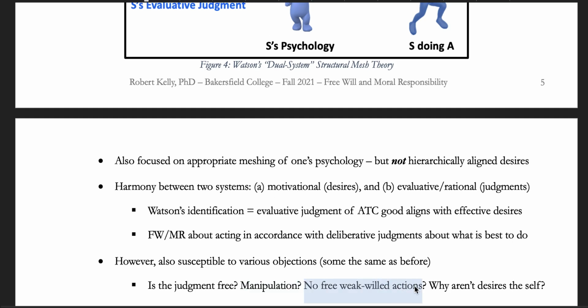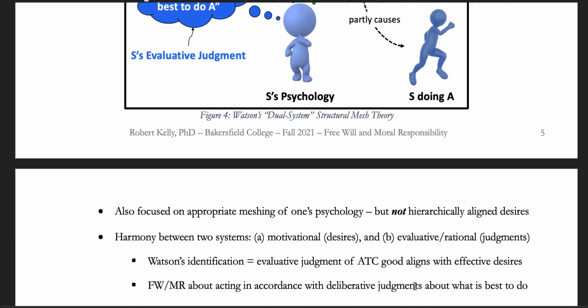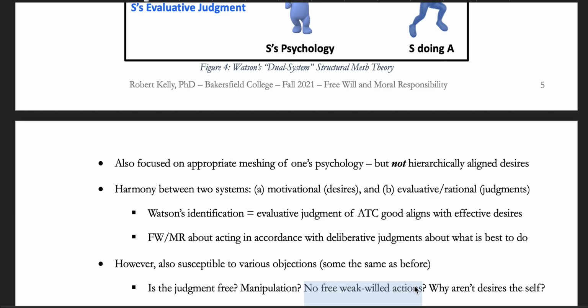And in fact, he does say that. And Watson argues that there is actually no such thing as weak-willed actions. He thinks we never do anything that's against what we judge is best to do. That should sound counterintuitive to you.